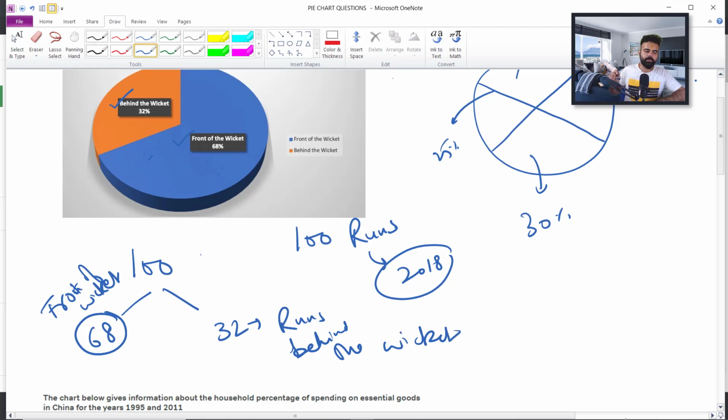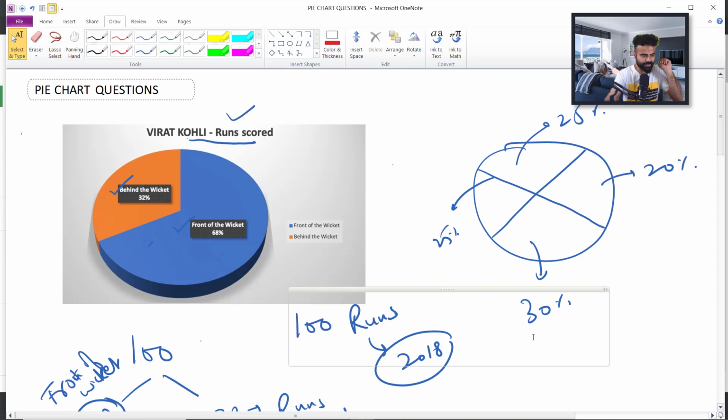Now we have to picture this data on a pie chart. If we are going to present this data on a pie chart, we will present something like this: 32% runs scored are behind the wicket and 68% runs are scored in front of the wicket, right?